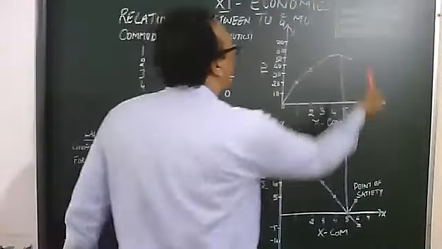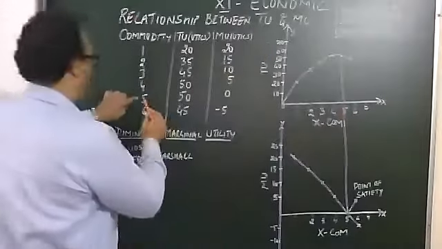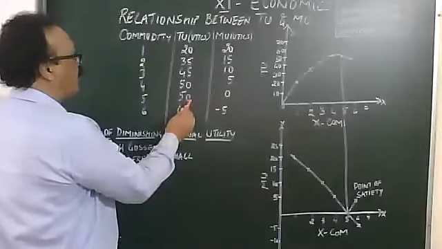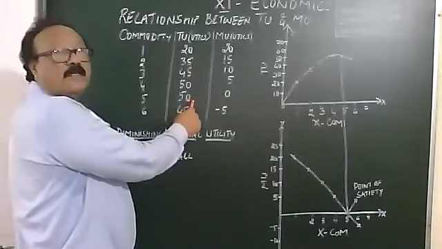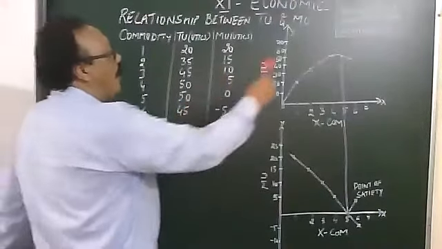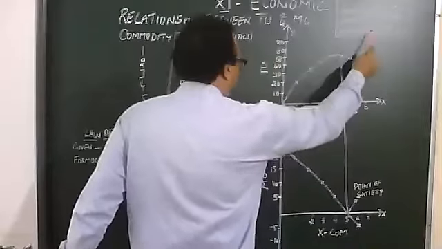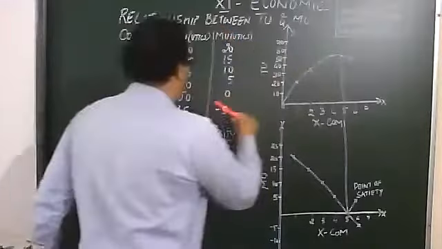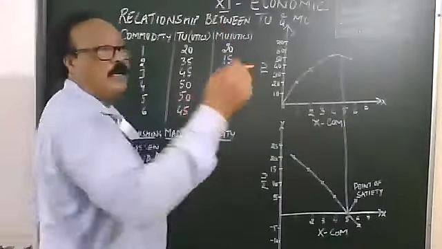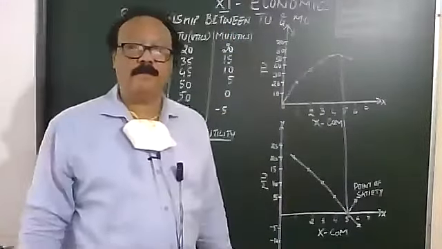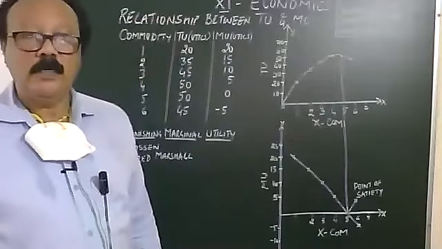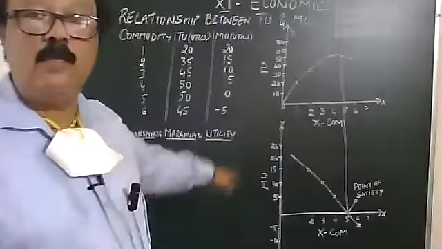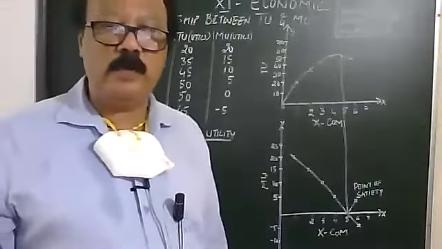Second, when your MU reaches 0, what is happening to TU? TU is at its maximum. And when your MU goes into negative, like -5, then that's the time when your TU will start declining, decreasing. This is what we had done yesterday, and unfortunately you were not able to see the board very clearly. The whiteboard was not very visible.